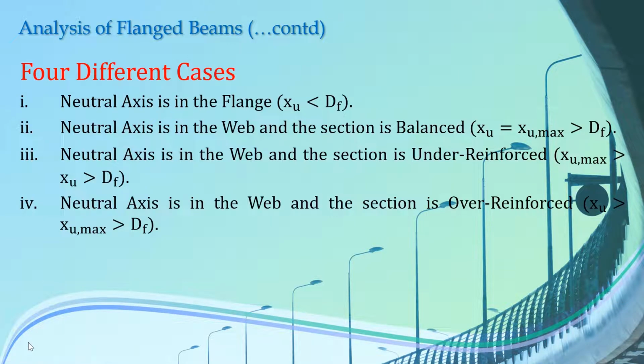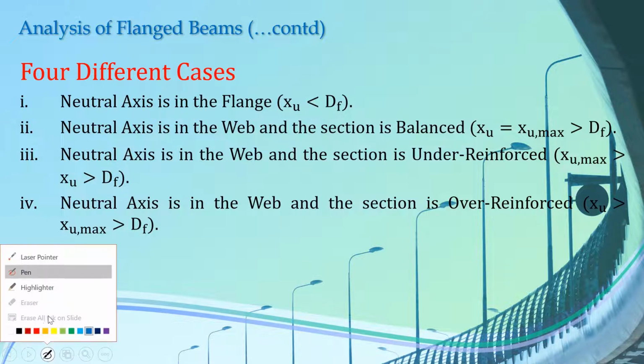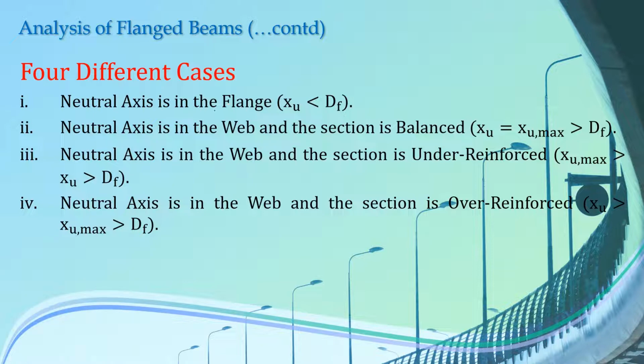So based on this concept, we have 4 different cases for the analysis of flanged beams. The first case is that the neutral axis is in the flange. That means your neutral axis is somewhere here.